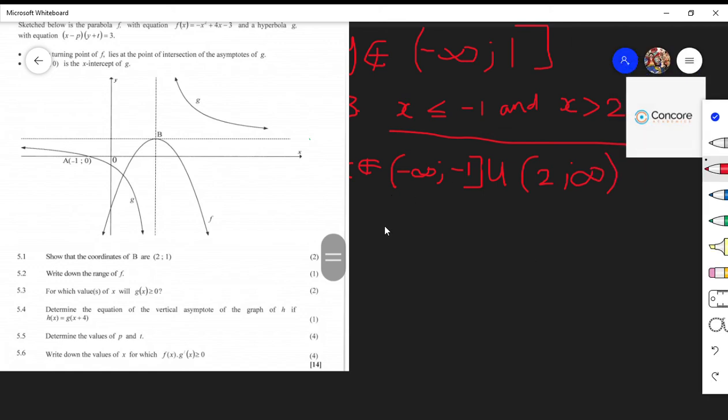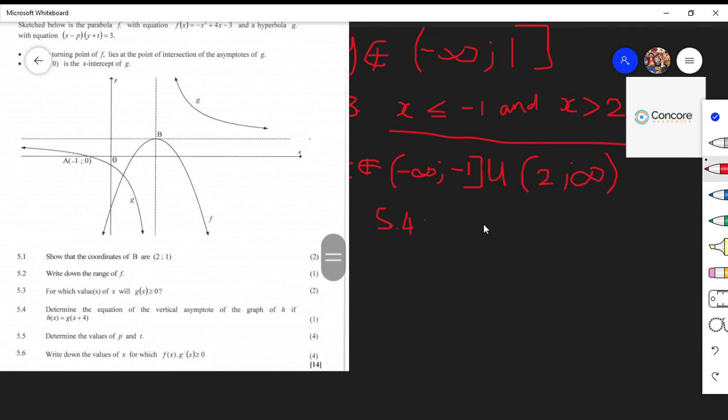Okay, the next question is question 5.4. Determine the equation of the vertical asymptote of the graph of h if h of x is equal to g of x plus 4. So now we need to find the vertical asymptote.